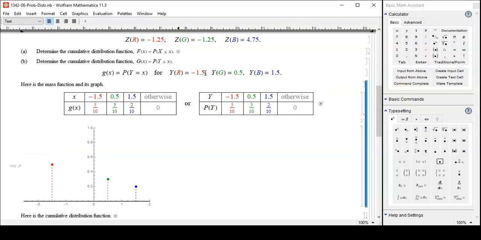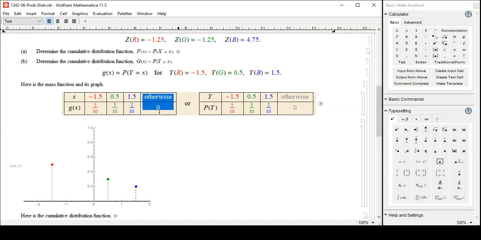It is possible to take negative 1.5, 0.5, or 1.5. And those probabilities are 5/10, 3/10, 2/10 respectively, otherwise all 0. And then here is a graph, by the way. At negative 1.5, 0.5, 1.5, we have probabilities like these, otherwise all 0.